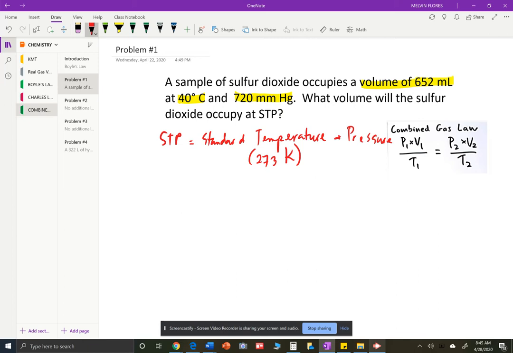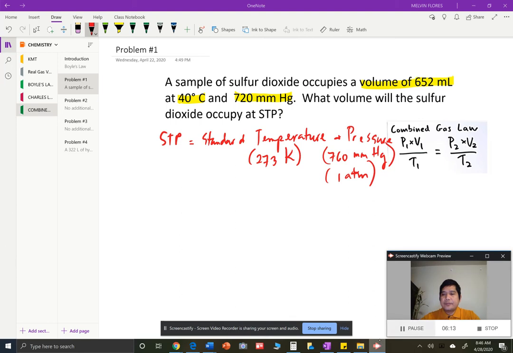If the temperature is in degrees Celsius, you have to make sure you add 273 to get Kelvin. And then the pressure is 1 atm, so it depends on what unit. If the unit is millimeters of mercury, that is equivalent to 760 millimeters of mercury. So this is the standard pressure in millimeters of mercury. But when we're talking about atm or atmosphere, that would be equal to 1 atm. Okay, so 1 atm equals 760 millimeters of mercury.